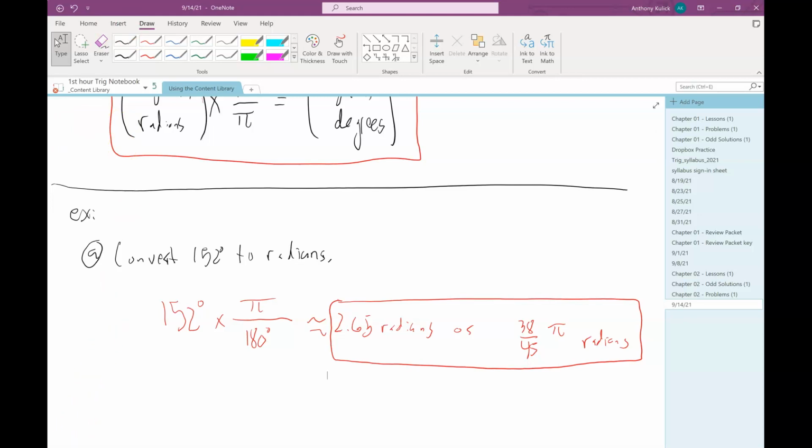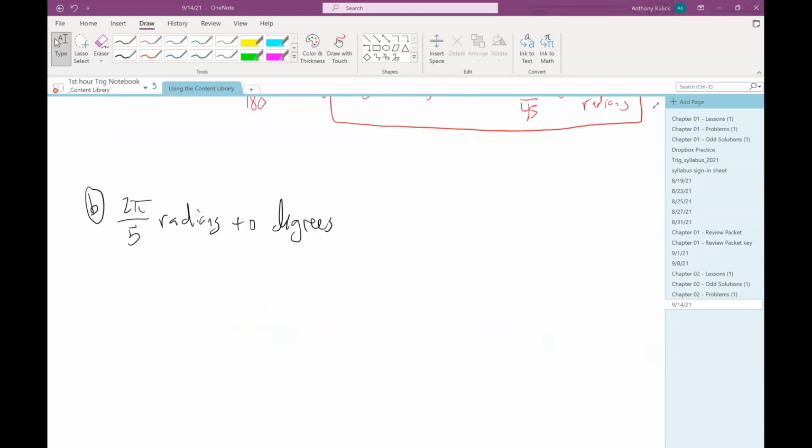We take an answer in radians and convert it to degrees. So let's say we want to convert an angle with a measure of 2 pi over 5 radians to degrees. Just like before, we'll start with our angle measure that we know. Now our conversion factor to convert radians to degrees is 180 over pi.